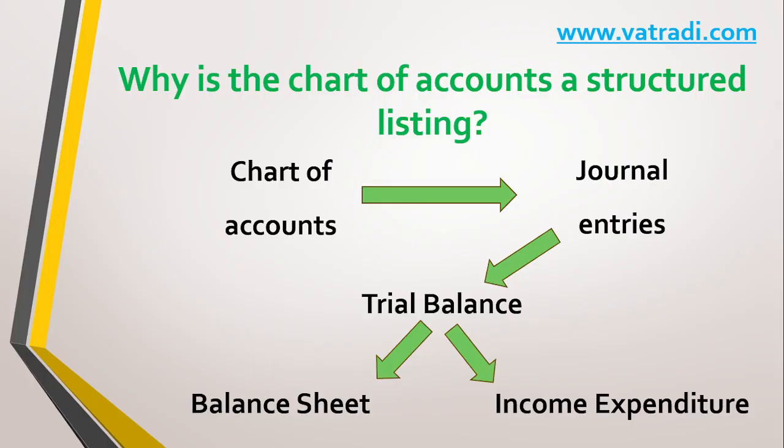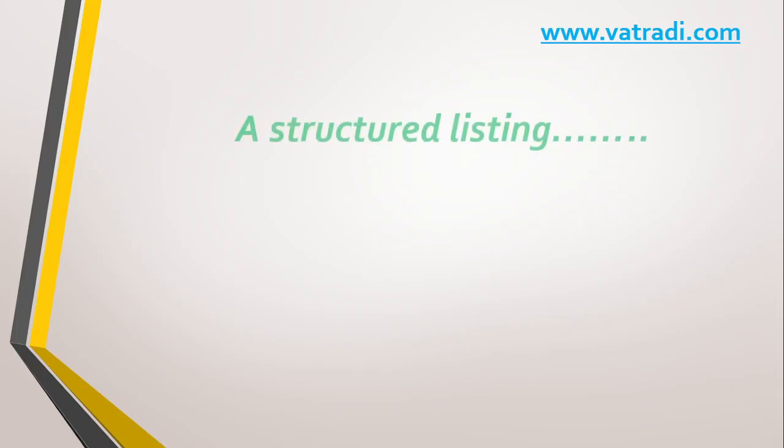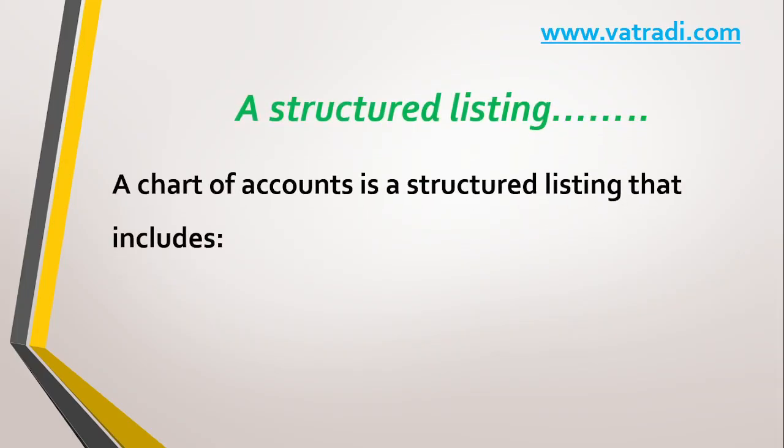So, therefore, you can understand that if the chart of accounts is correctly structured, as the balance sheet and the income expenditure are structured, the accountancy will be more transparent. And this is an essential point. So, how is a chart of accounts structured?